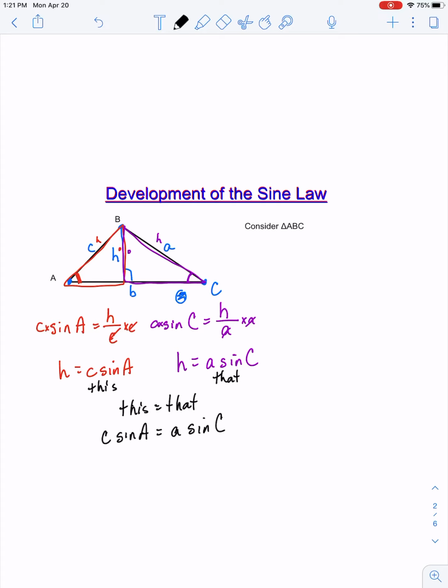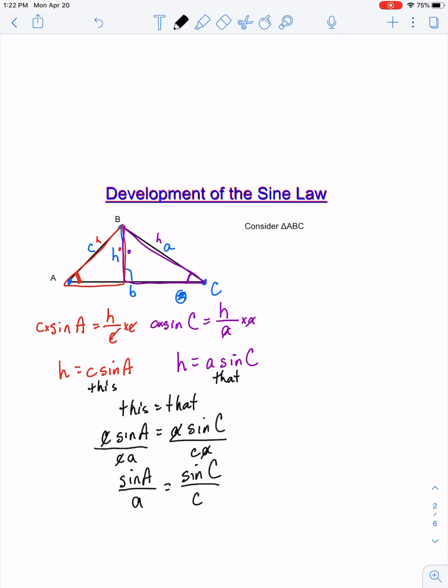Now if I divide both sides by c and by a, the c cancels here and the a cancels here, so then I get that the sine of angle A divided by the length of a equals the sine of angle C divided by the length of side c.